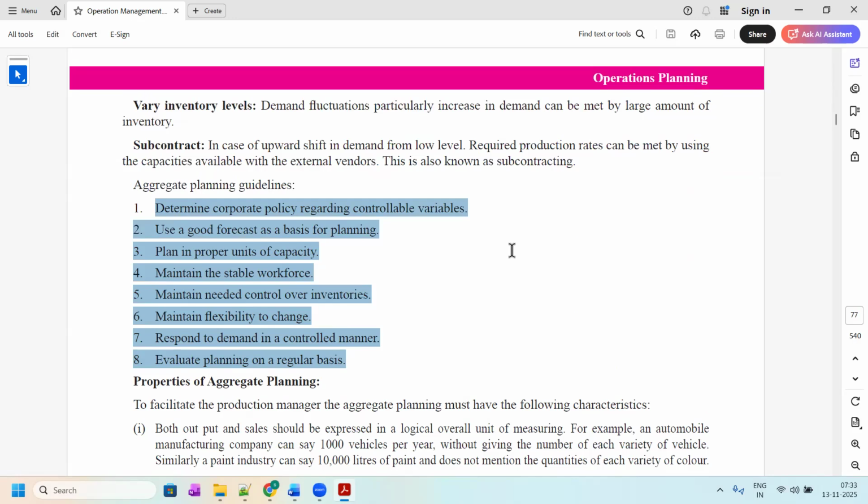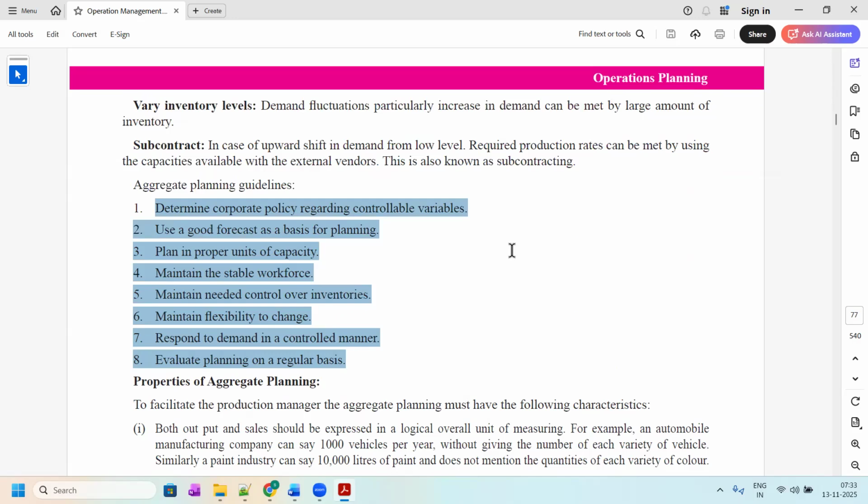Certain variables are controllable, certain variables are uncontrollable, which in the production process are many parameters you might not account for. Those are uncontrollable variables; we cannot do much about them, but for controllable variables we can have a policy.